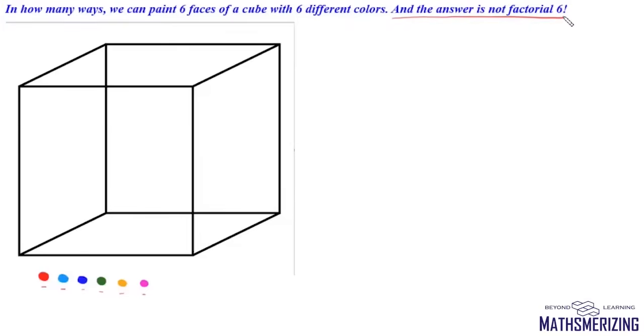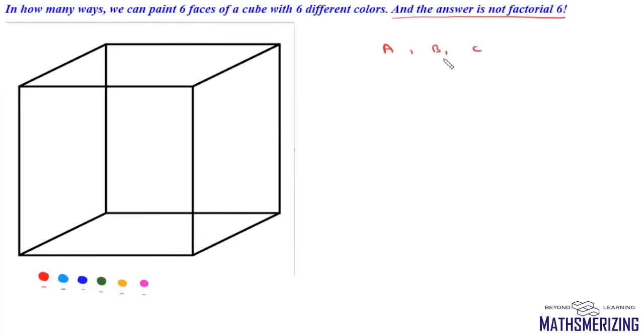Now how do we solve this problem? To solve this problem, we need to understand linear and circular arrangements. So we'll start with a simple problem. What are the possible arrangements of 3 distinct objects, say A, B and C? So suppose we have 3 distinct objects, A, B and C, and we are discussing their possible linear arrangement.